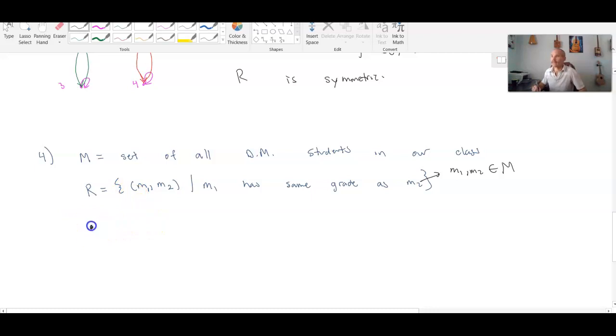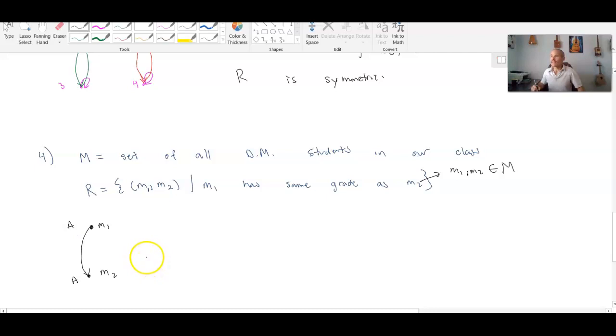Let's say that I have some element here, and I'm going to refer to this element as M1. If there's another element in here, which I'll call M2, let's just suppose that M1 has the same grade as M2. Okay, so that means if, let's say, M2 has an A, and M1 has the same grade as M2, that means M1 also has an A.